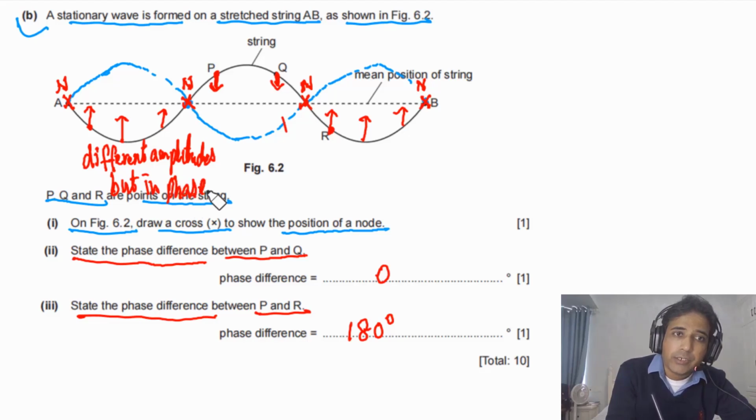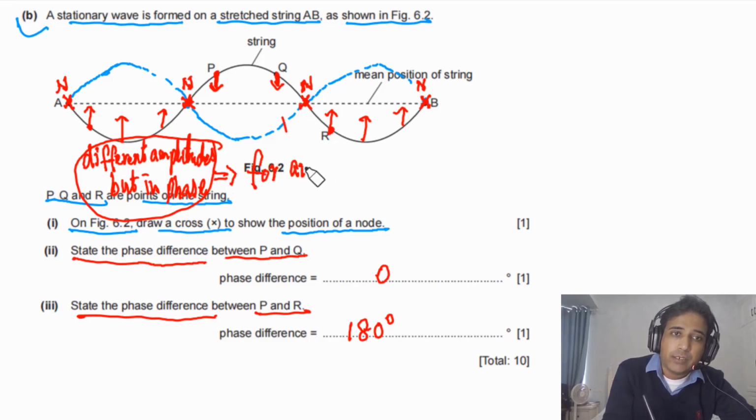So these are the points you need to understand between here and here. The same is true between these two nodes. So this is true for each loop. We can say for any loop, this is true for all.